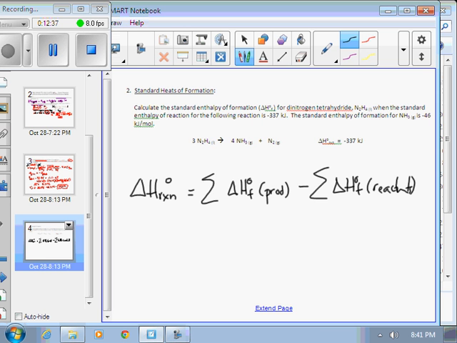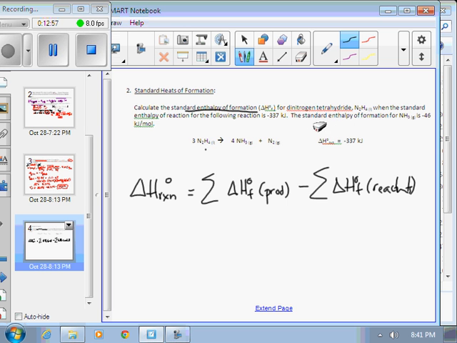Okay, so in this problem, though, it's got a little twist. All kinds of numbers here. It says calculate the standard enthalpy of formation for dinitrogen tetrahydride, N2H4. So that's this guy right here. When the standard enthalpy of reaction for the following reaction is negative 337 kilojoules.